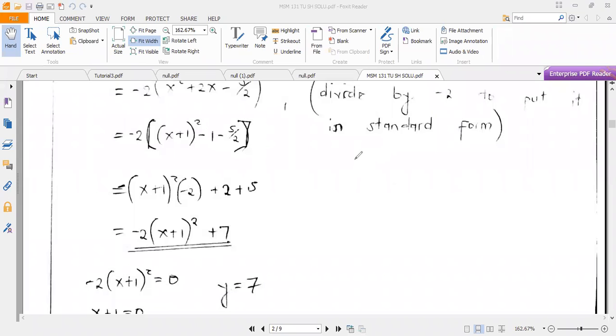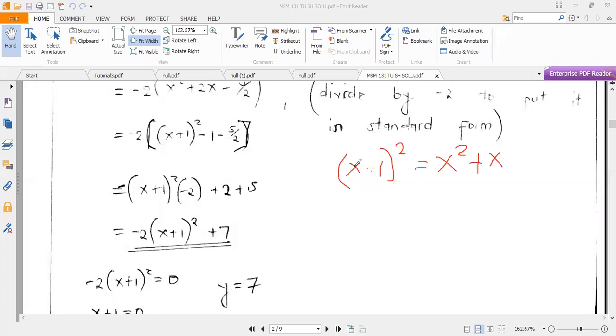So if you have your x plus 1 squared, what is this equal to? It means we have x plus 1 times x plus 1, isn't it? So x times x, we have x squared, plus x times 1, we have x, isn't it?